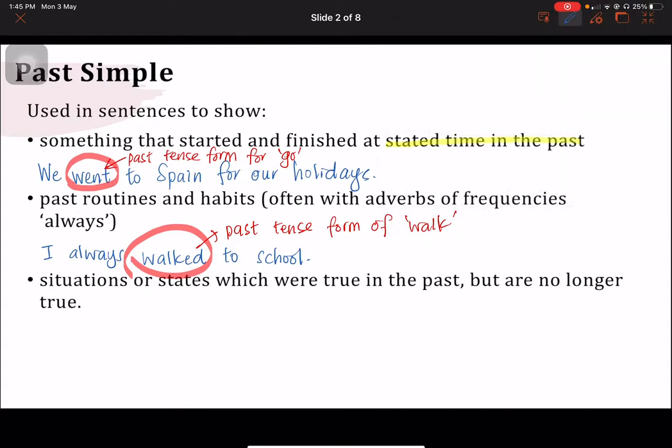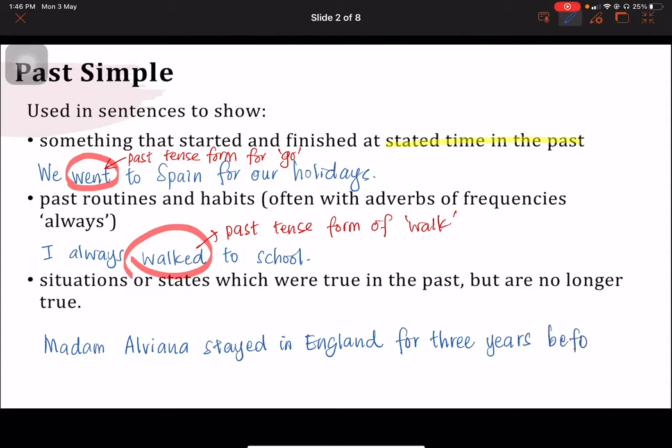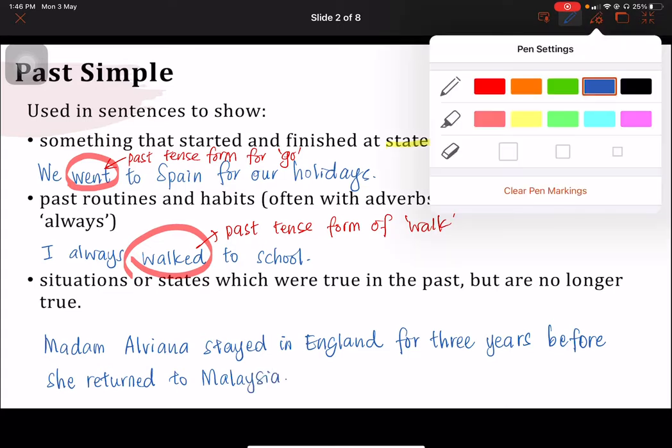We take for example, maybe we can say Madam Albiana stayed in England for 3 years before she returned to Malaysia. So in the sentence, we're talking about something that has happened in the past.